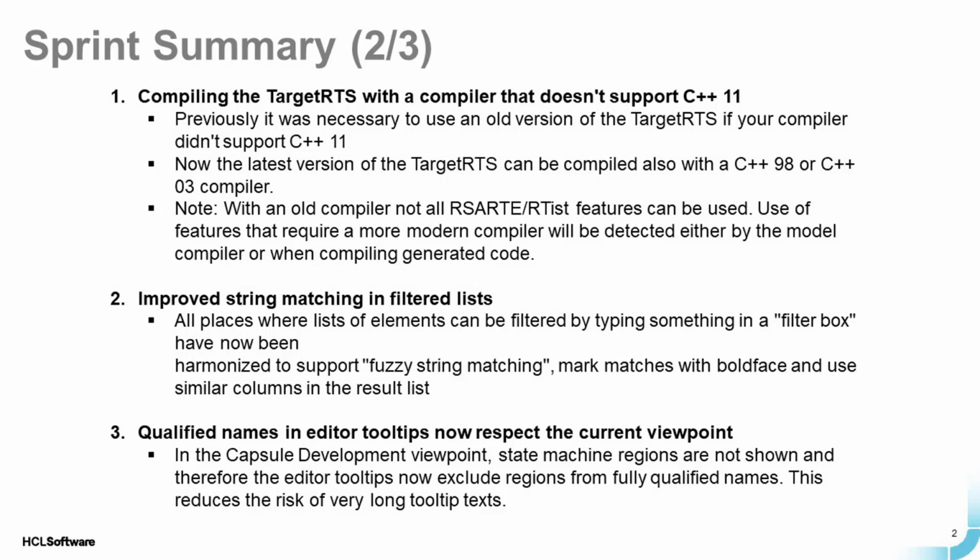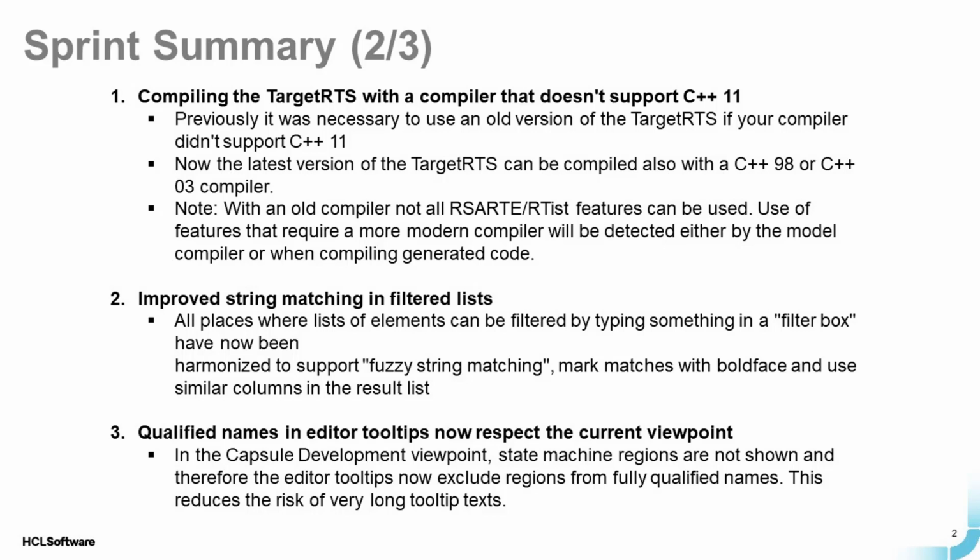But now we have, by means of conditional compilation, managed to make it possible to compile the target RTist also with a C++03 or even 98 compiler. So this, together with the existing language standard dropdown, makes it possible to work with pre-C++11 compilers fully now.